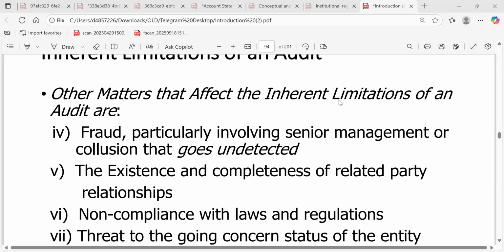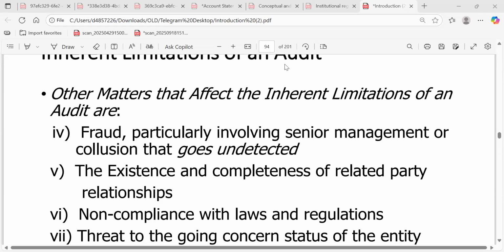However, some of the fraud cannot be detected because if the fraud has been committed by, let's say, senior management, let's say the CEO or the CFO, they will do everything possible to what? Hide it. So those issues that they know they've committed fraud in, they will not even want to release those documents for the auditor to audit.